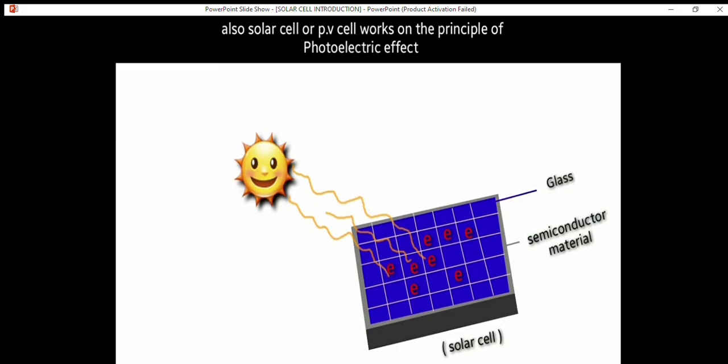Here I want to say that when the intensity is high, the output is high. There is a direct relation of the output of the current with the intensity of rays. So when the intensity of rays is high, the output of current or energy is also high.